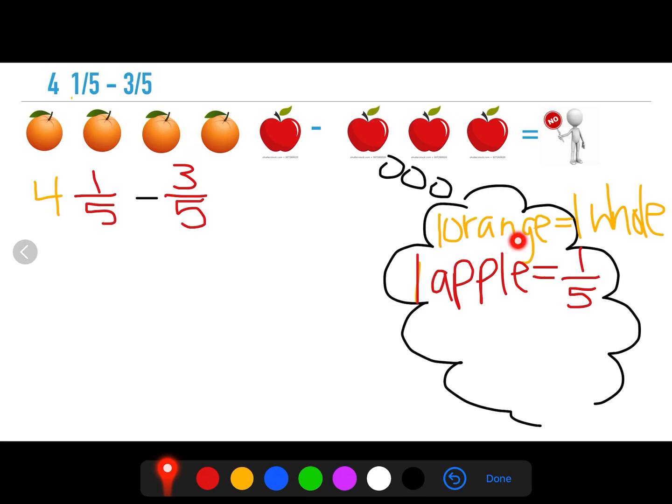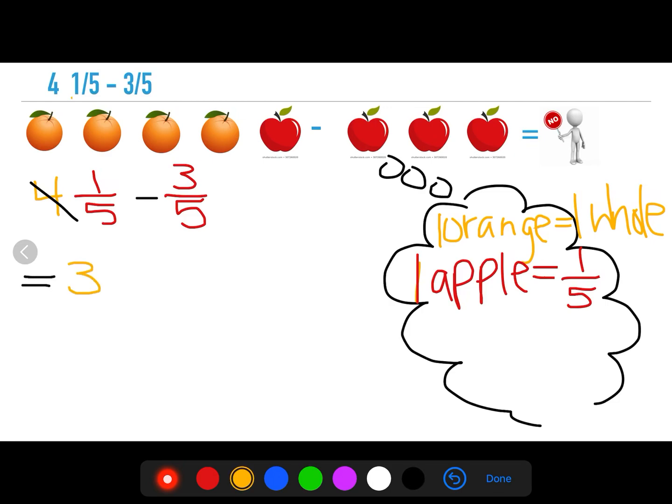I know that 1 orange equals 1 whole, and 1 apple equals 1/5 of an orange. So if I take 1 of my oranges from 4 oranges altogether, that leaves me with how many oranges? Awesome. That leaves me with 3 oranges.